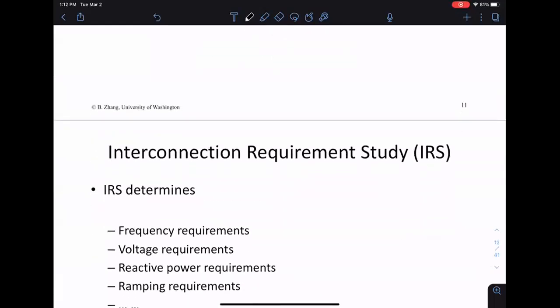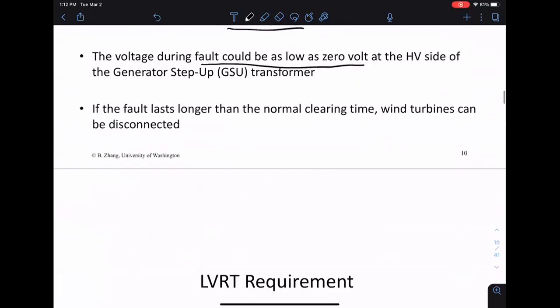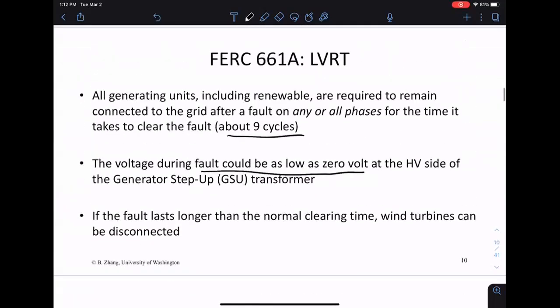What this low voltage ride-through requirement does is determine, for example, the 9 cycles, and the exact amount of voltage support you need and all of that. All the systems in the US will do this kind of study, and after the studies, they will publish the requirement.